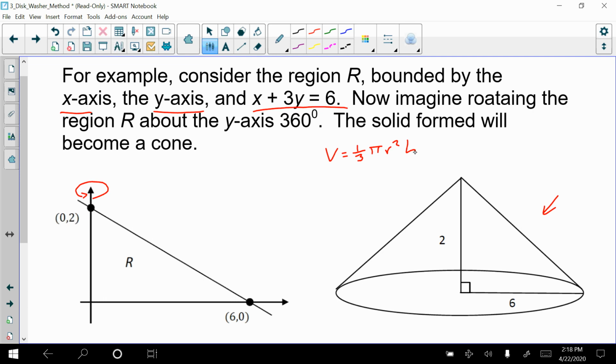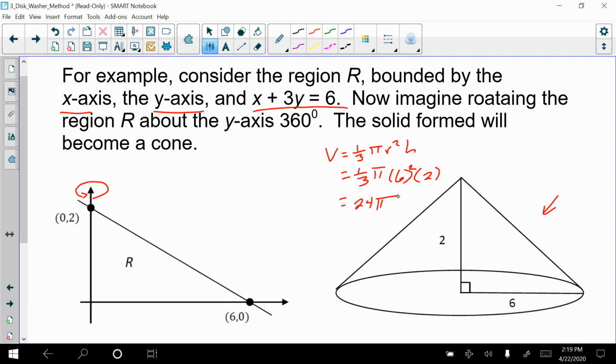So we can find this particular volume really easily by saying 1/3 pi times the radius, which in this case is 6, squared, times the height of 2. I forgot to square that. If we were to do that, we would get 36 times 2 and divide that by 3, and that would give us a volume of 24 pi cubic units, whatever they happen to be.